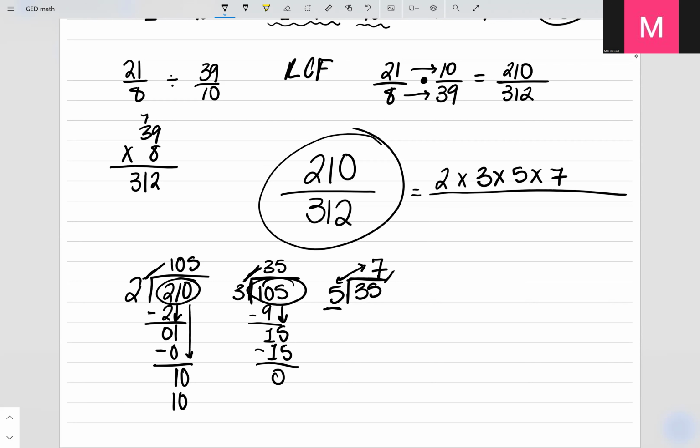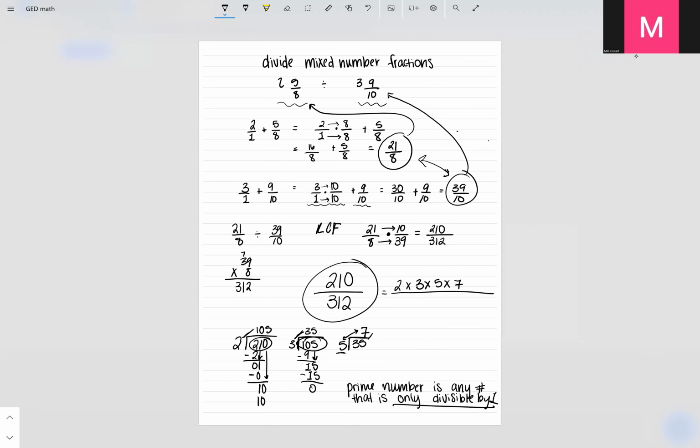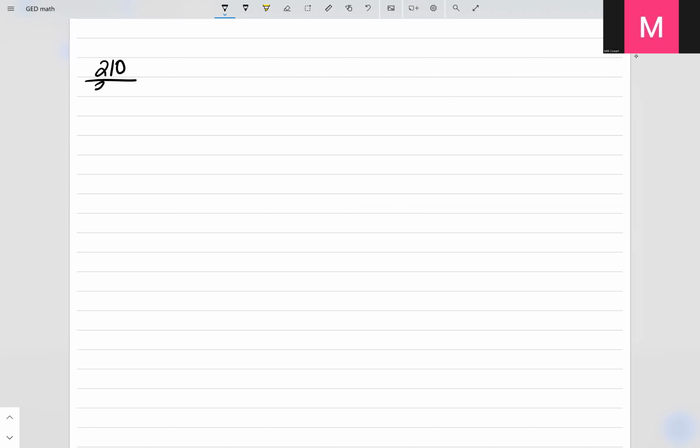And a prime number, don't forget, is any number that is only divisible by 1 and itself. So we'll take this to the next page. We have 210 over 312 equals 2 times 3 times 5 times 7 all over.